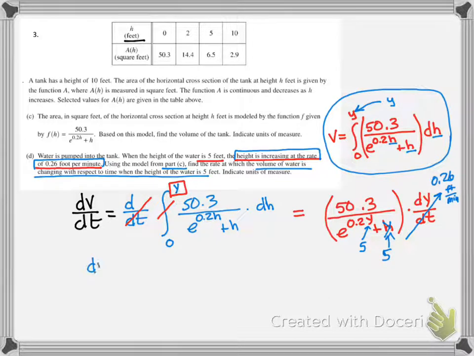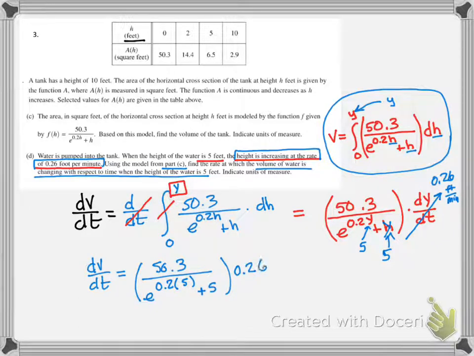And therefore our dV/dt is equal to 50.3 over e to the 0.2 times 5 plus 5, times that dy/dt value of 0.26.